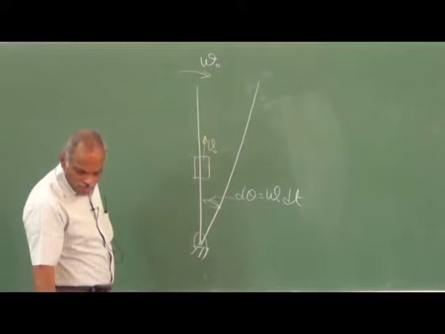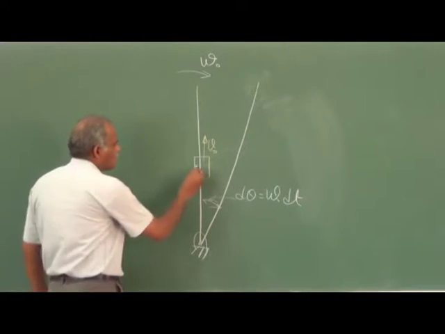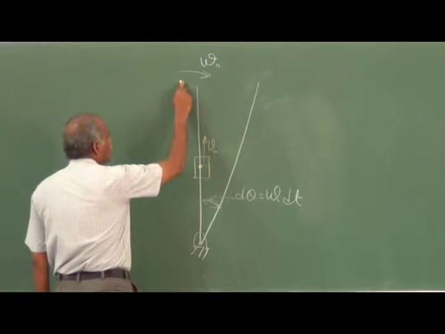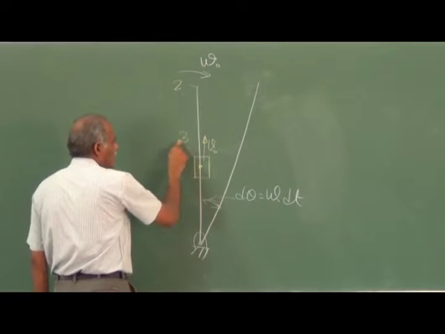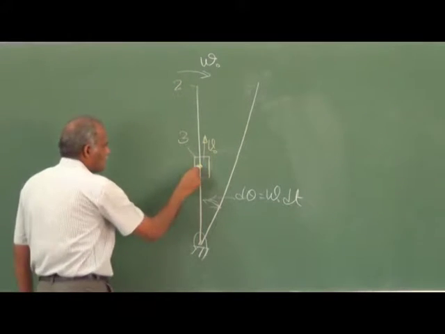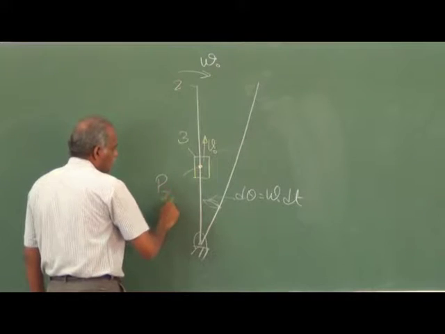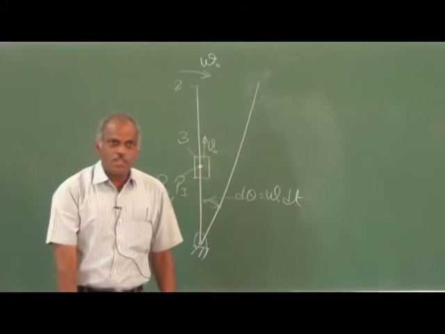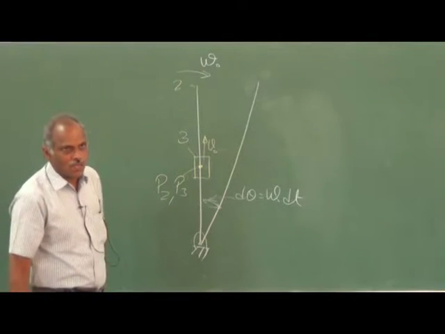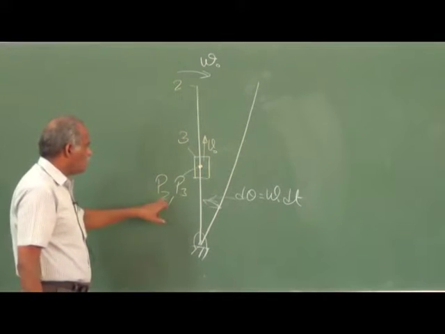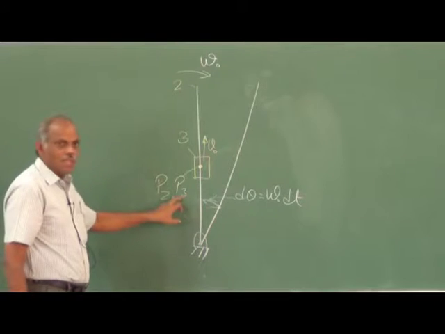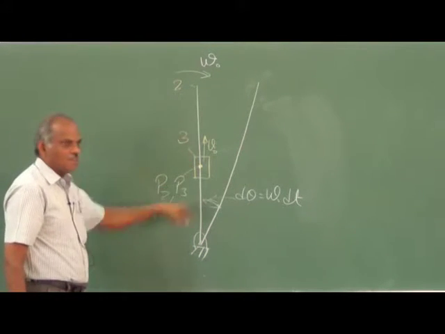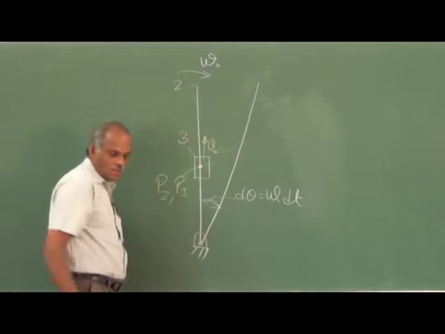Now the approach is a little different in the sense that he has taken the coincident points. If you take this link as 2 and the slider as link 3, you can think of two points, P2 and P3, which are coincident at that particular instant. P2 belongs to the link, P3 belongs to the slider.